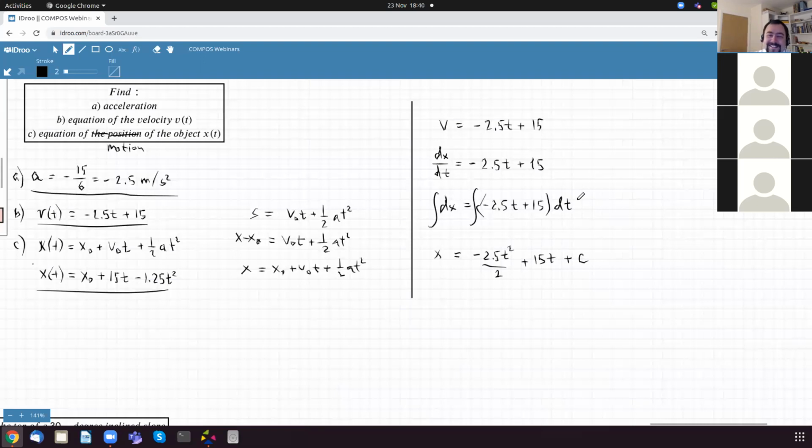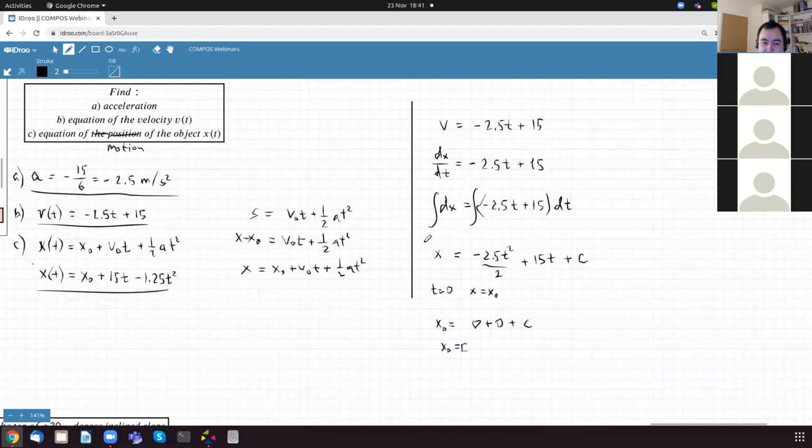We know that when t is 0, the x is x0, it's the initial position. So we plug in t equals 0. x0 is equal to 0 plus c. So x0 is c, so c is x0.